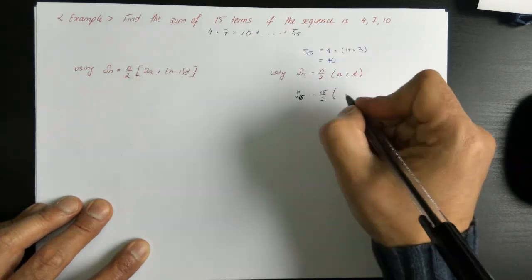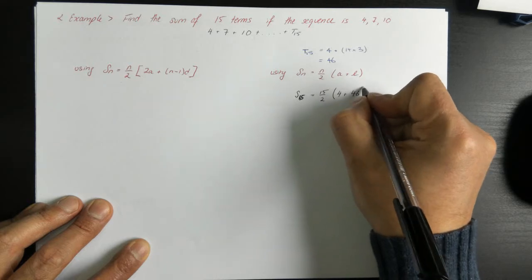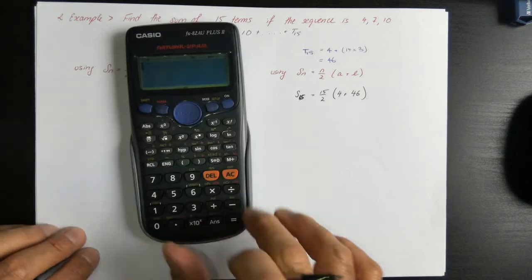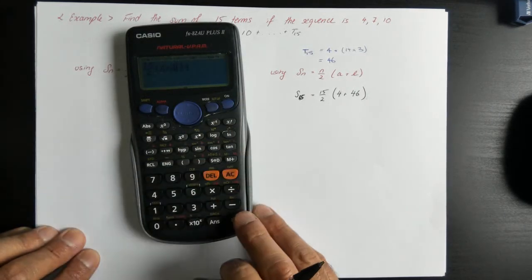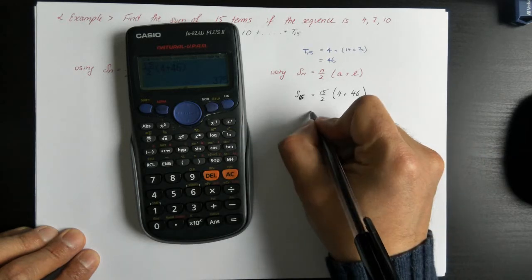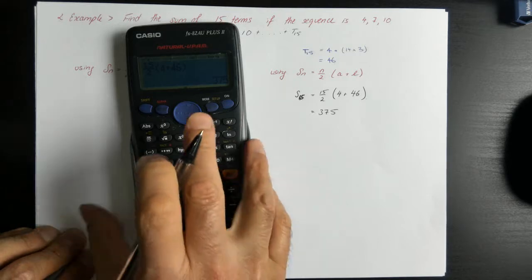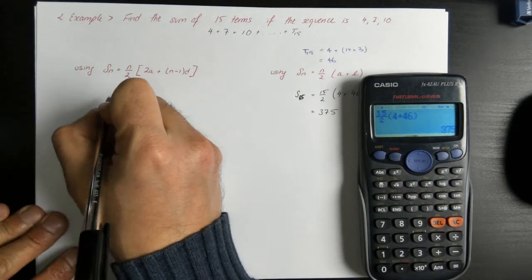My first term is 4 plus 46. Using my calculator, 15 over 2 multiplied by 4 plus 46 gives me 375.